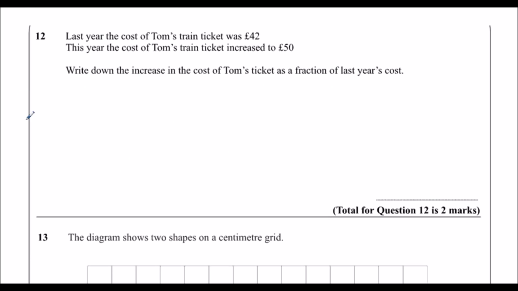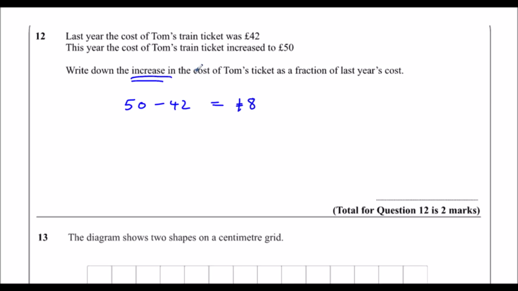Question 12. Last year the cost of Tom's train ticket was £42. This year the cost of Tom's train ticket was increased to £50. Write down the increase in the cost of Tom's ticket as a fraction of last year's cost. So what is the increase? 50 take away 42 is £8. So that's the increase.